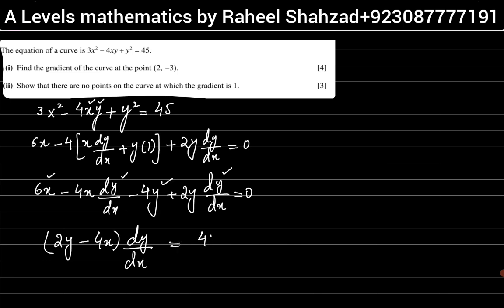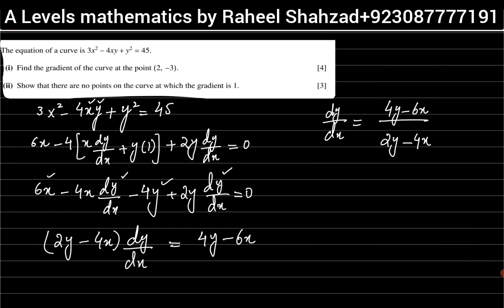So that will be plus 4y minus 6x, and in the next step you can write dy by dx is equal to (4y minus 6x) divided by (2y minus 4x), right? This is your dy by dx.